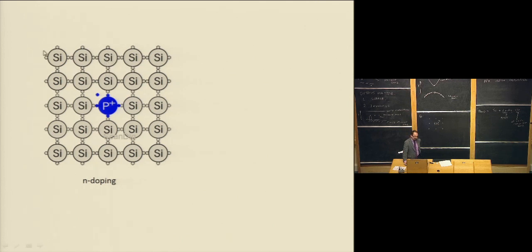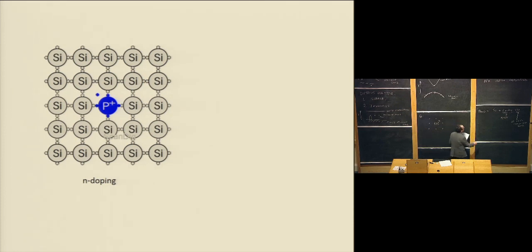The fact that everywhere except where the phosphorus is, all the electrons are tied up in covalent bonds is another way of saying that we have a filled band. All the electrons are accounted for, and there's a gap to putting electrons anywhere else. When you put in the phosphorus, it can make the same four covalent bonds, but then there's one electron left over. Since the entire valence band is filled, the only place that electron can go is up into the conduction band. So that's what happens.